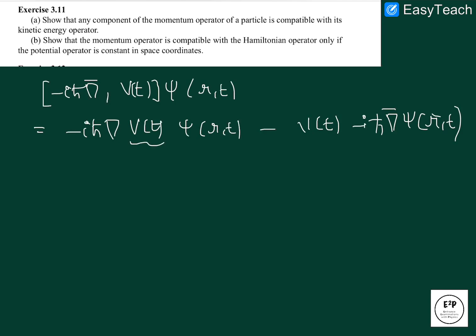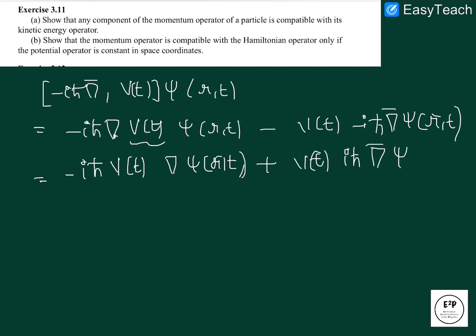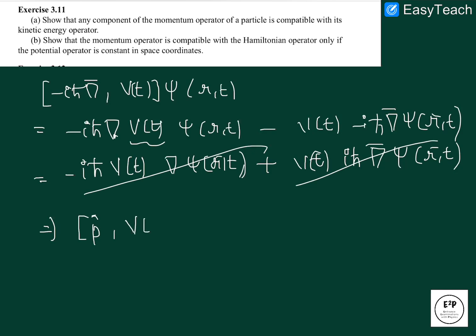Now this potential is independent of space and this gradient is taken over the space coordinates, so this potential can be taken out. Okay, so we are having minus i h cut V of t gradient of psi of r bar, t plus V of t i h cut gradient psi of r bar, t. So these two terms get cancelled, which implies my P cap and V of t commutator is equal to 0.